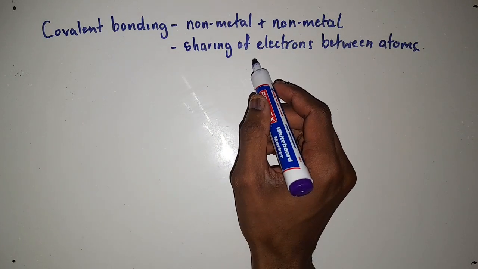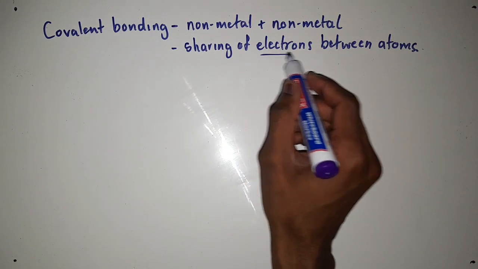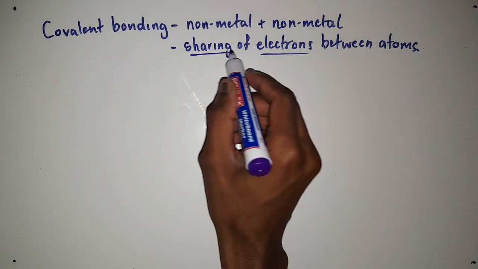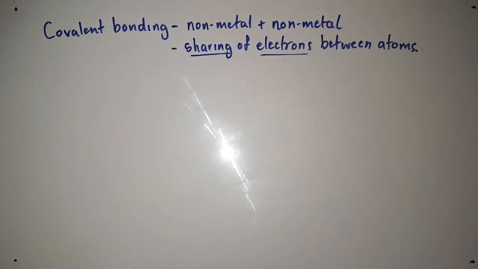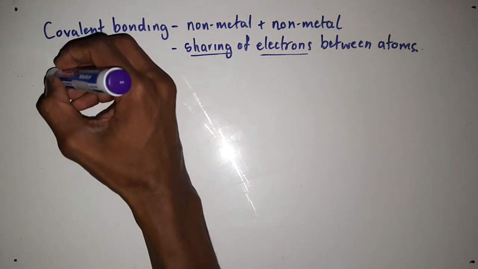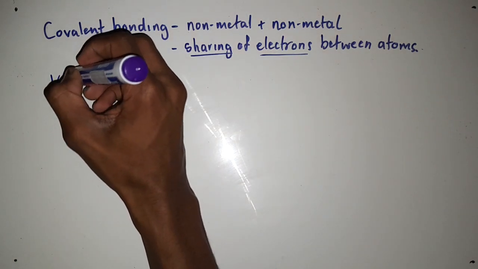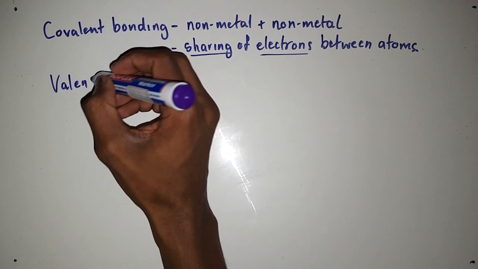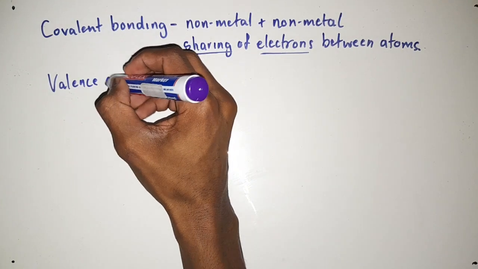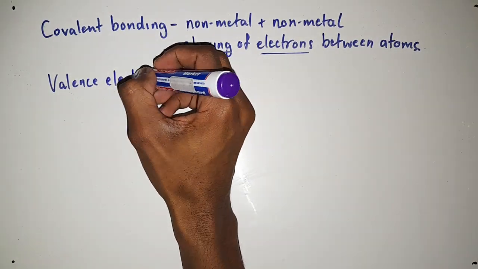Which are those electrons that are sharing? We call those electrons the valence electrons. What are those electrons?